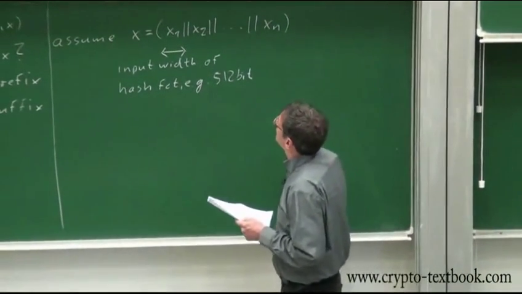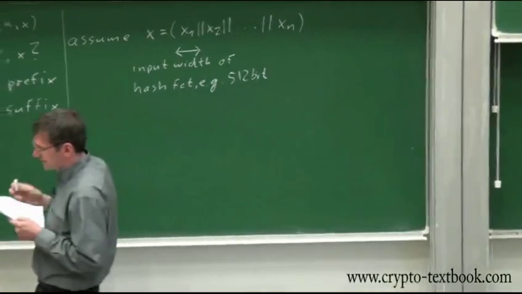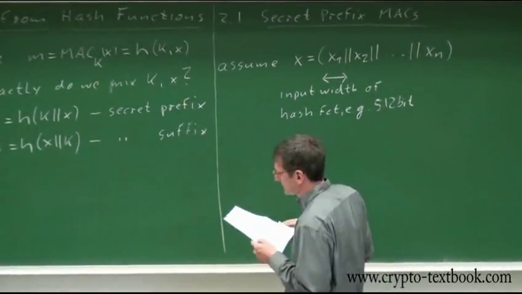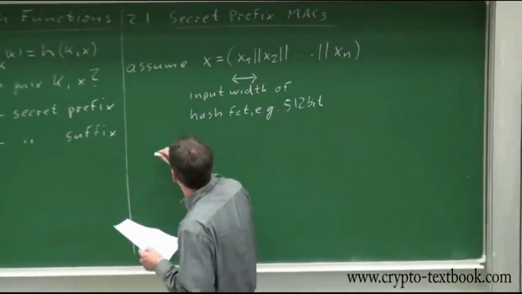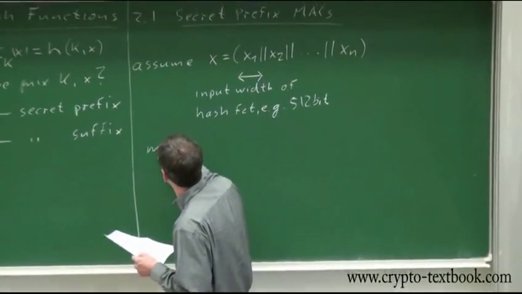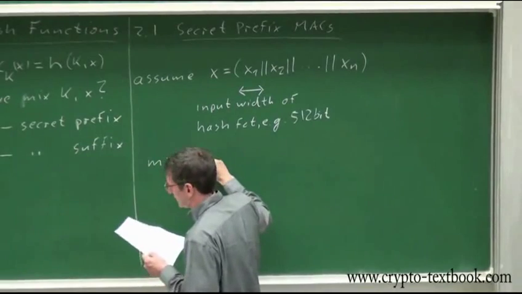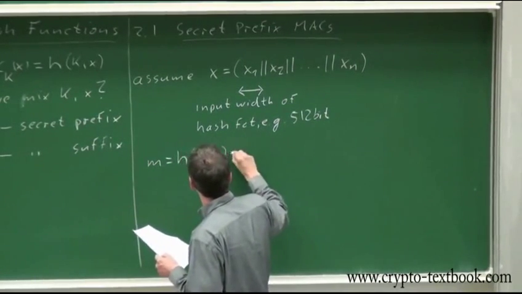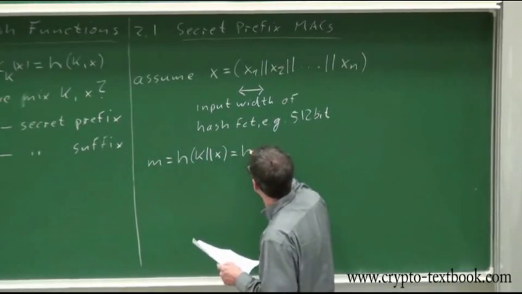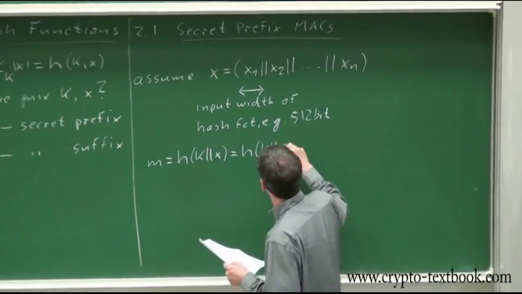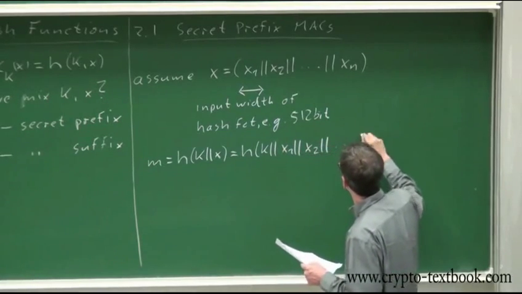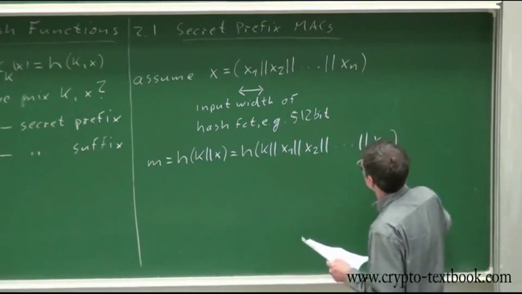And now if we want to do secret prefix, meaning we first feed in K and then X, M is the hash of K appended with X. We do K concatenated with X1, concatenated with X2, and so on, up to Xn.